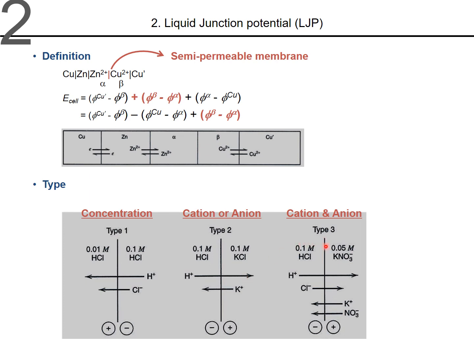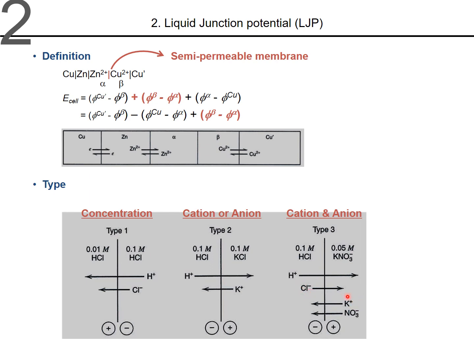Let's go to the last and most complicated type, type 3, liquid junction potential. The concentration is different, and the cation and anion are different. So proton is moving to the right side, also chloride minus going to the right side.